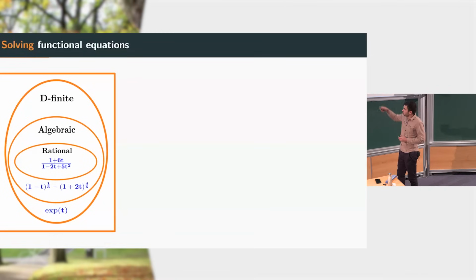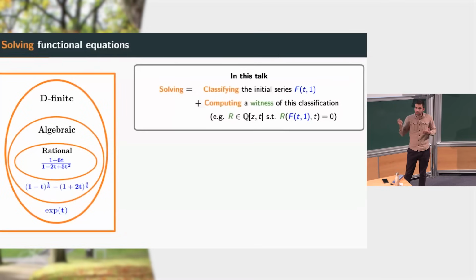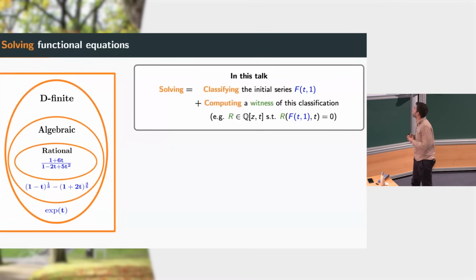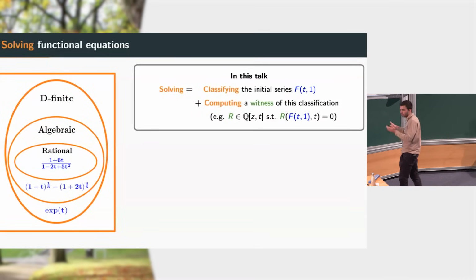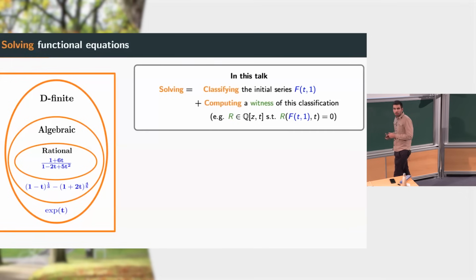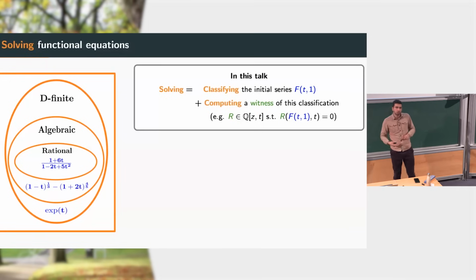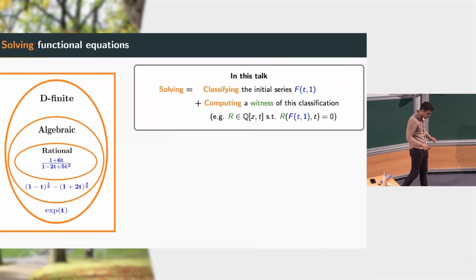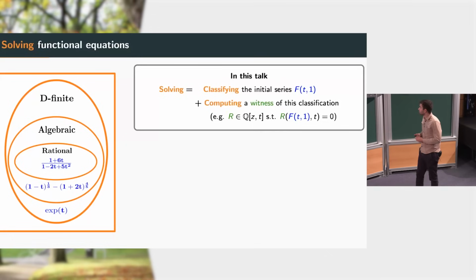In such a case, you're called D-finite. And in this talk, by solving an equation, I mean to classify the series f of t1, that is the initial generating function, and also to compute a witness of this classification.